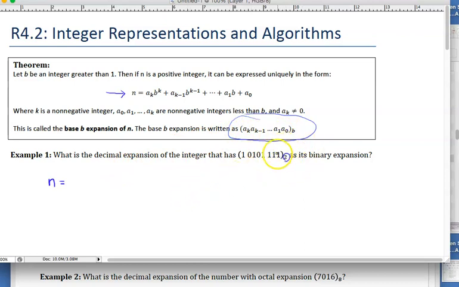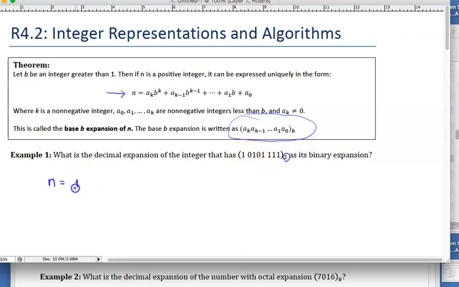If I work backwards, the number on the right goes with 2 to the 0, and then as you move left, the powers increase: 2 to the 0, 1, 2, 3, 4, 5, 6, 7.